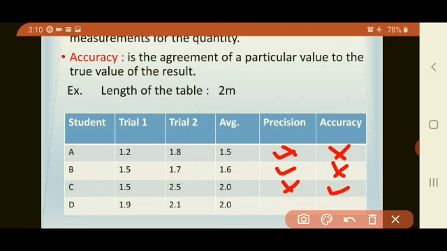And the readings of student D are 1.9 and 2.1, which are close to the accurate reading, and they are very close to each other and hence precise. The average exactly matches the true result and hence it is accurate also.